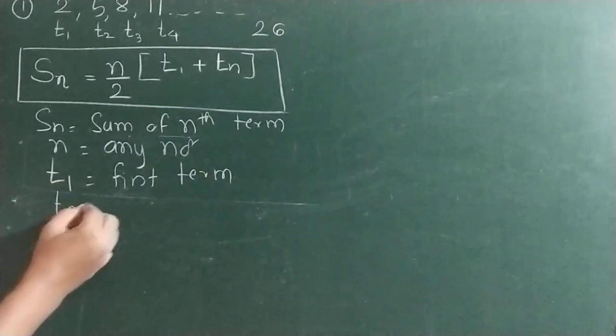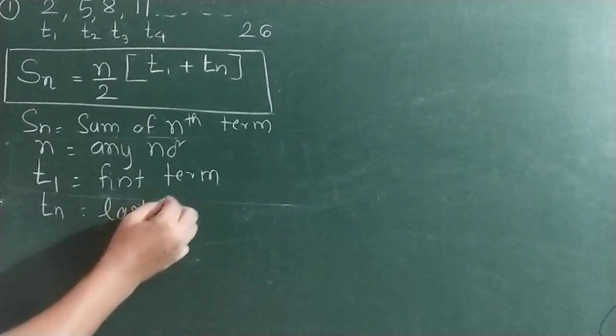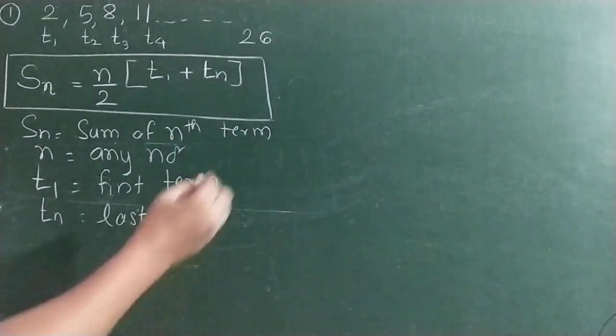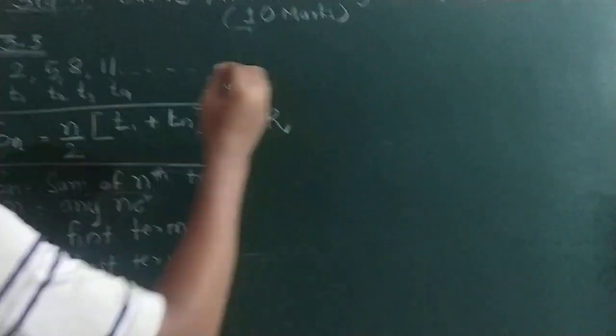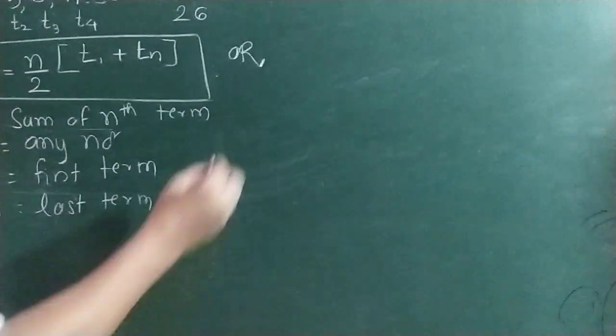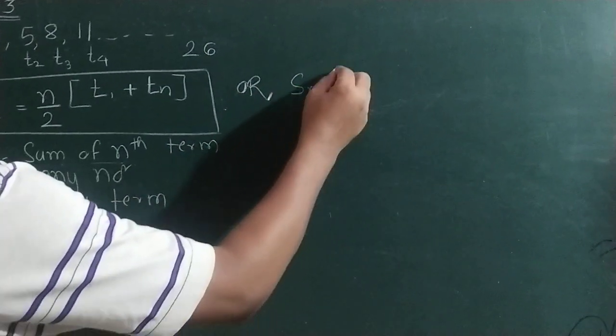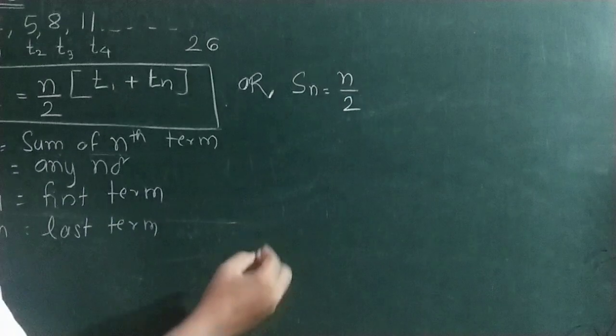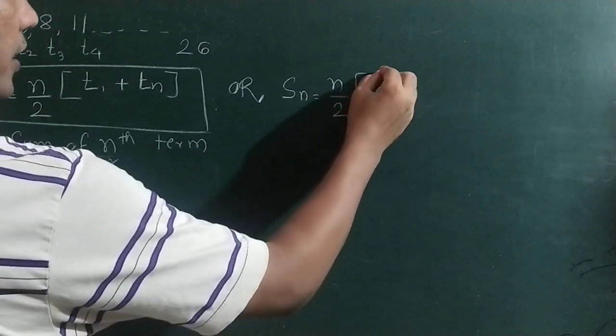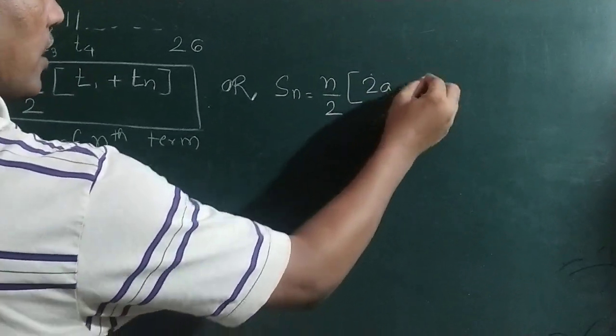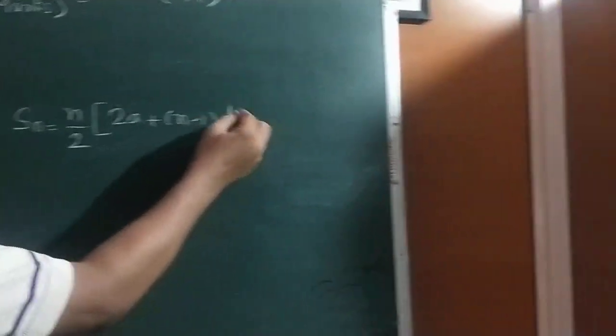And Tn is equal to the last term. And the second formula I am writing here, or Sn is equal to n upon 2 in bracket 2a plus n minus 1 d.